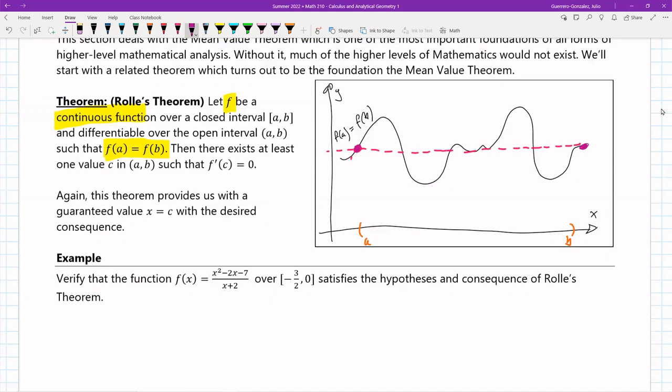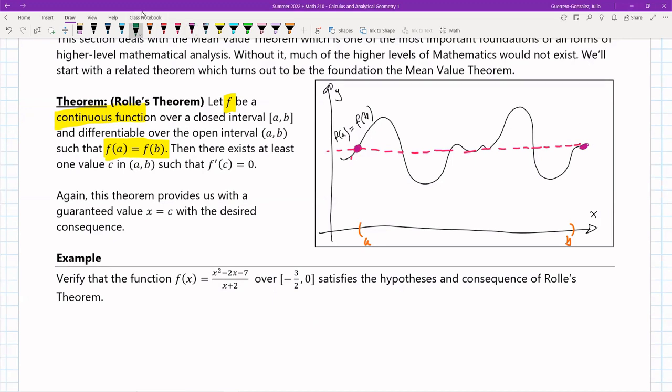Then what this theorem states, basically, is that somewhere in (a, b), there exists at least one value c such that f prime of c is equal to 0. So f prime of c means that the slope of the tangent line, or the instantaneous rate of change, has to be equal to 0.